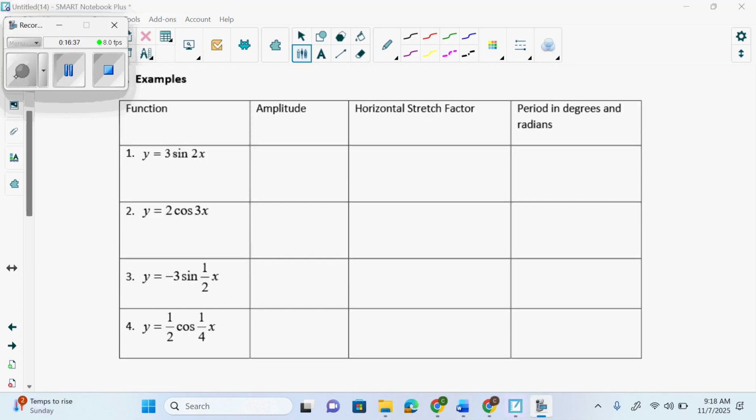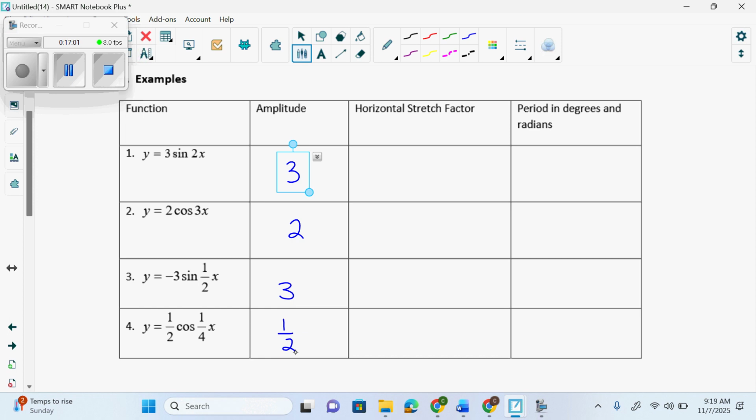Go. Okay, what is the amplitude of this one? 3. What's the amplitude of this one? What's the amplitude of this one? 3. What's the amplitude of the fourth one? 1/2, because it's equal to the vertical stretch, so even though there's a -3 in front, we do not write -3, correct?